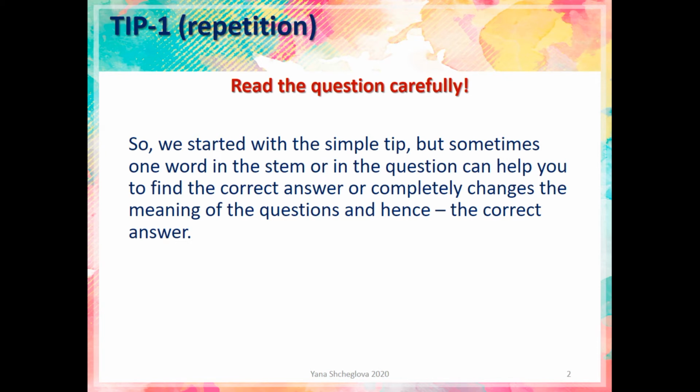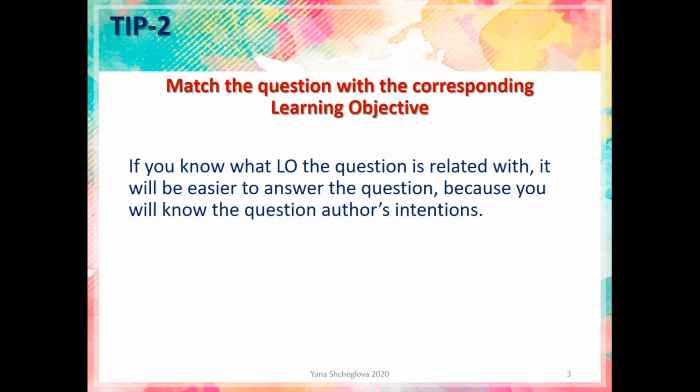Tip 1. Read the question carefully. So we started with a simple tip, but sometimes one word in the stem or in the question can help you to find the correct answer or completely change the meaning of the question, and hence the correct answer. Tip 2.